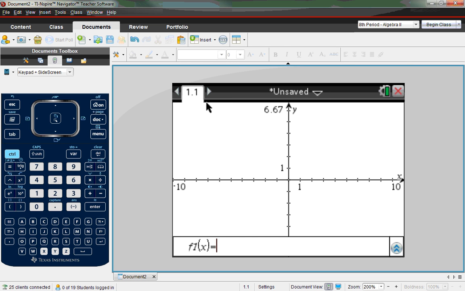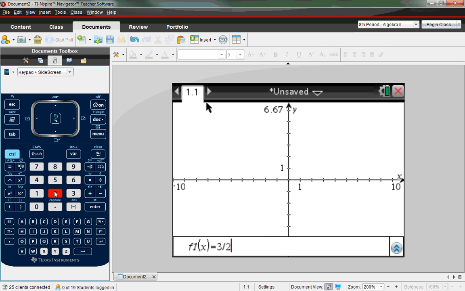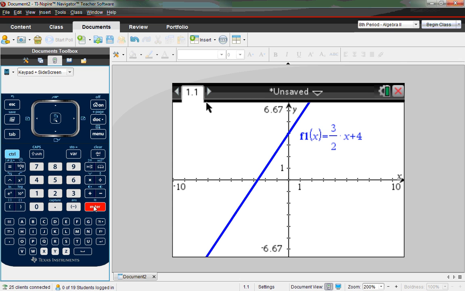Now, can anybody tell me what the first function was after we solved for y? What was that? 3 divided by 2x, correct? Plus 4. Okay, graph, there's my first function. Now, what's my next function?